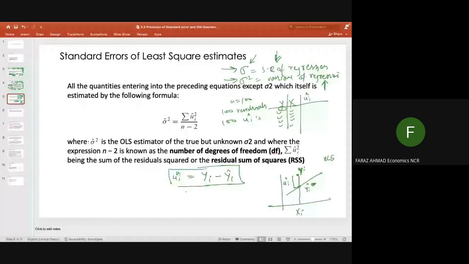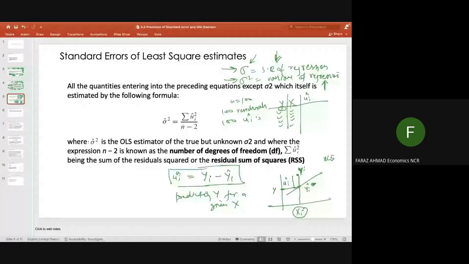What does it stand for? It stands for how much error we are making when we are predicting y for a given x. When somebody gives us an x value, we predict that this is going to be the y, and this is the yi hat.